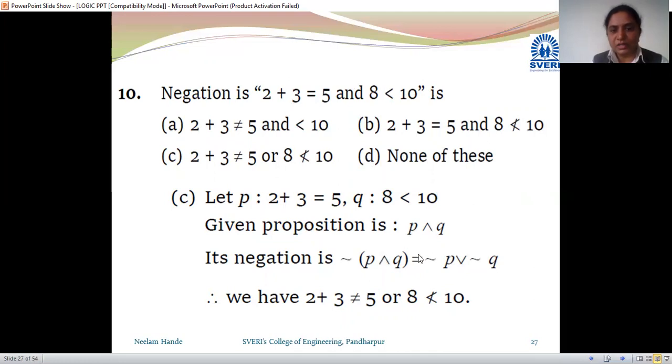The negation of P and Q is once again negation P or negation Q. The negation of 2 plus 3 equal to 5 is that it is not equal to 5, so 2 plus 3 is not equal to 5. Or, the negation of Q, 8 is less than 10, is 8 is not less than 10. So what is the correct option here? Option number C.